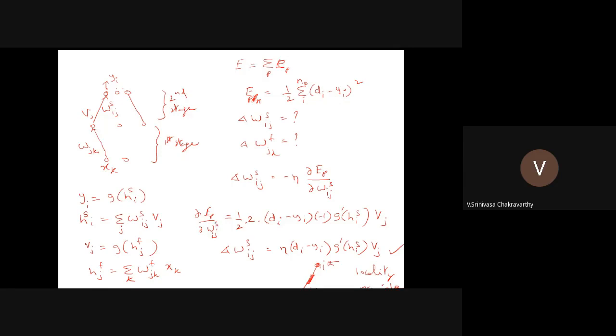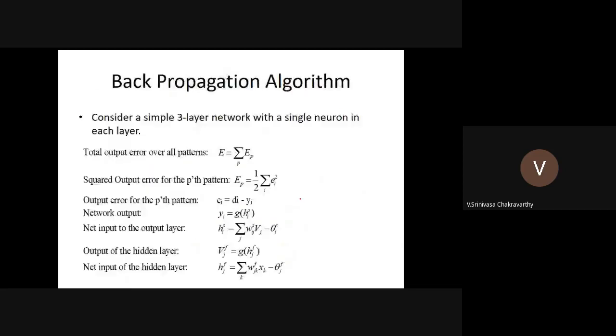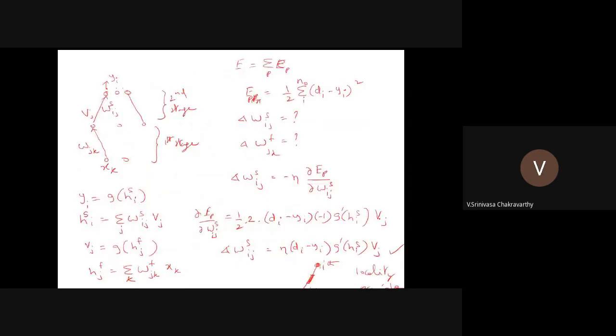That is half into 2 into di minus yi, times minus 1 from the derivative, then g prime of hi of s, times vj. If you regroup, the half and 2 get cancelled. Plugging this into the update equation, you get delta Ws ij equals eta times di minus yi times g prime of hi of s times vj.